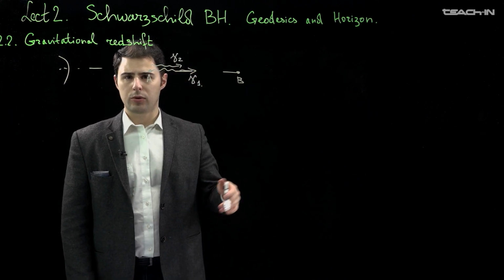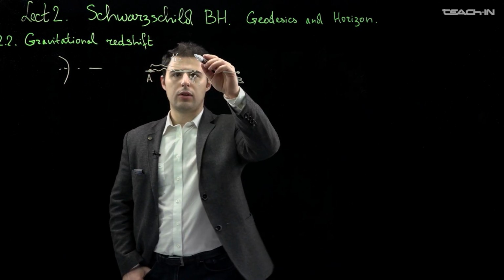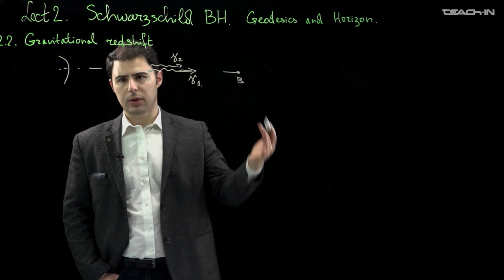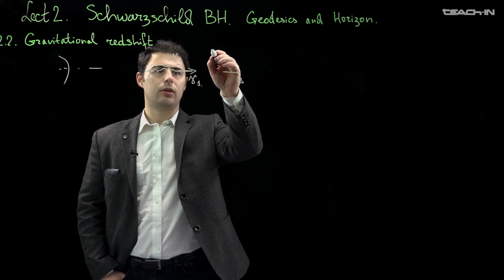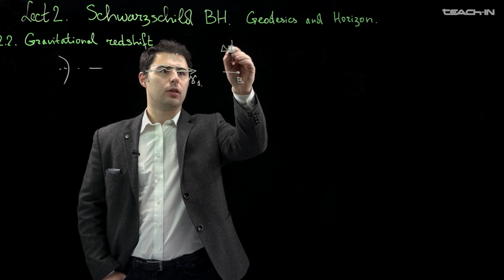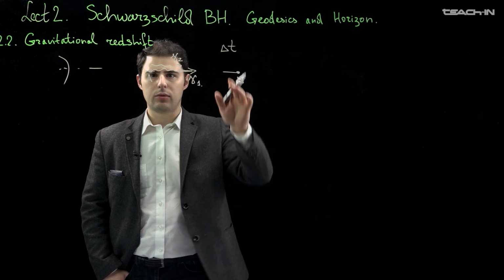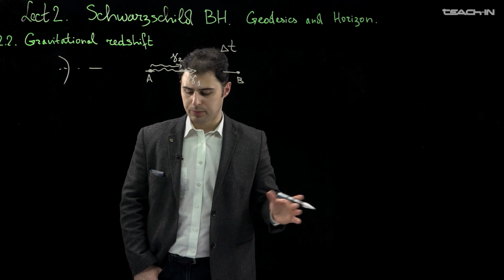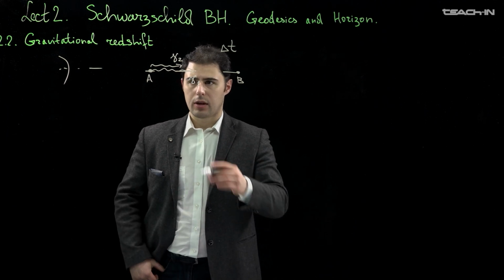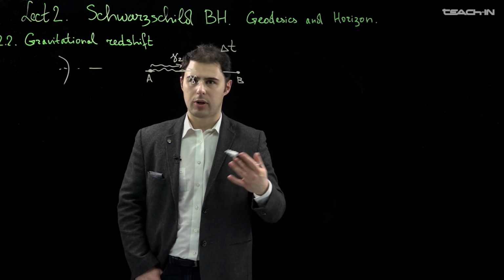From the point of view of the observer at the asymptotics, the time interval between gamma 1 and gamma 2 is given by delta t. Now, how long was the time period from the point of view of observer A?